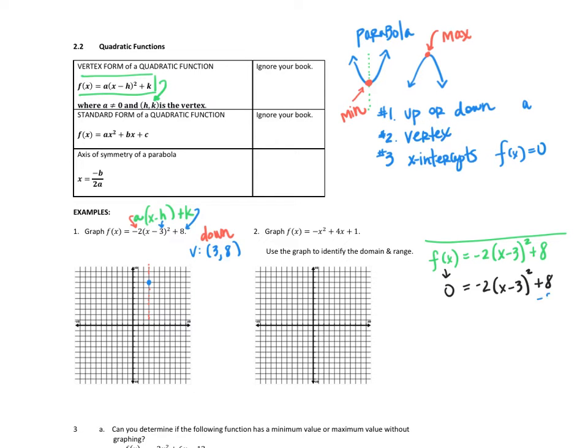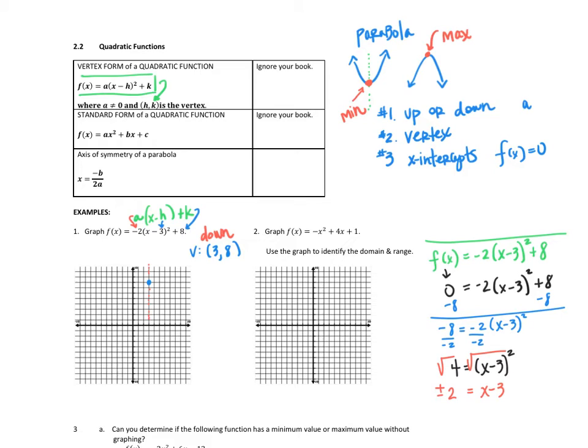Most of you would subtract 8 first, and then you would divide by -2, which gives us 4 equals the quantity x minus 3 squared. Then you could take the square root of both sides. Remember, you should get plus or minus 2 on the left equals x minus 3.